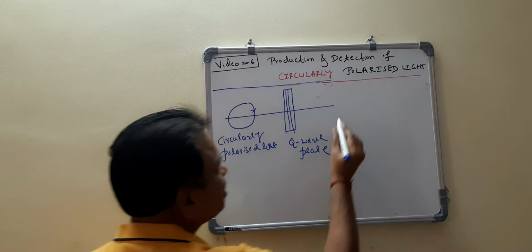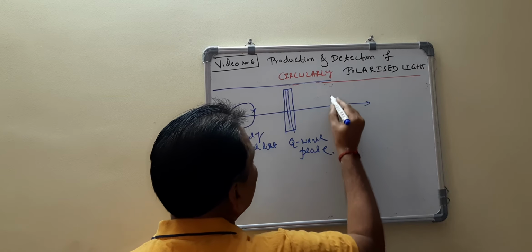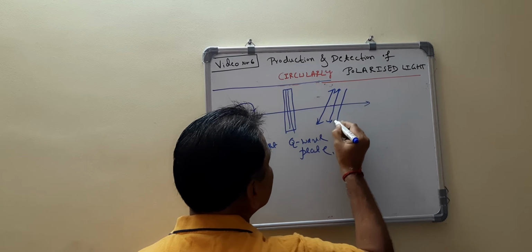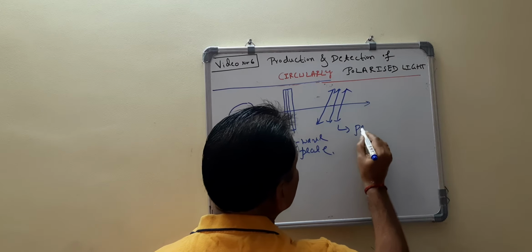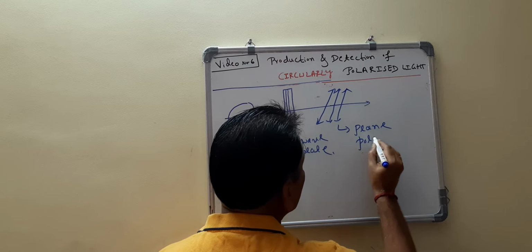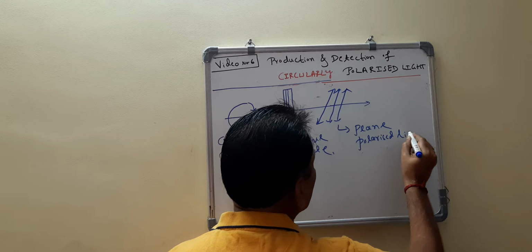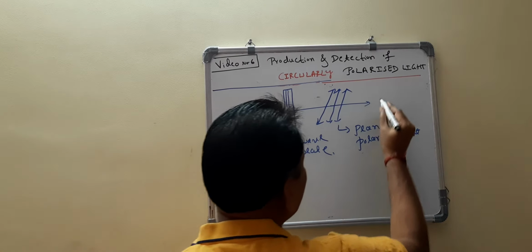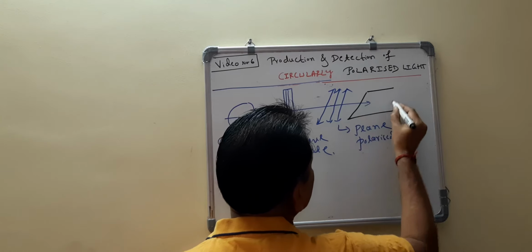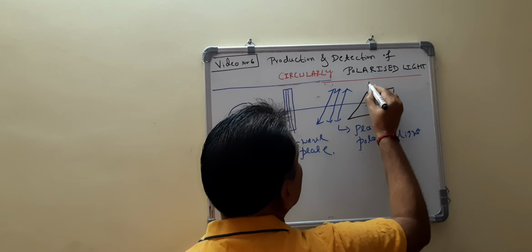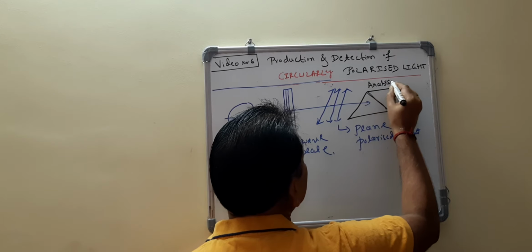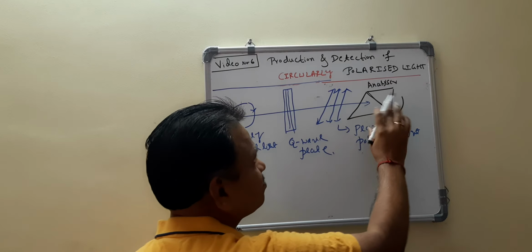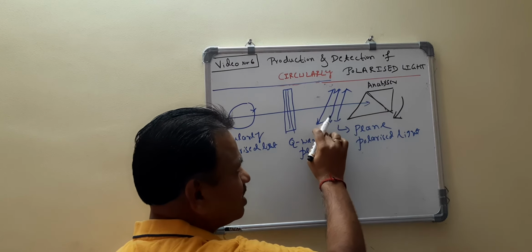Now reverse, that is, the outcoming wave is plane polarized light. This plane polarized light I am observing through the Nicol prism. It is called an analyzer, and this is rotated. When the Nicol prism is rotated, you are observing this outcoming light.